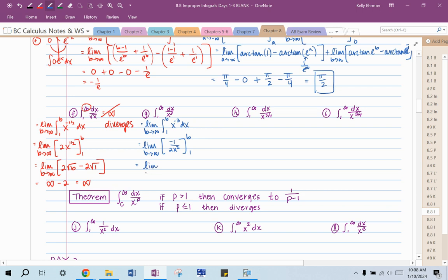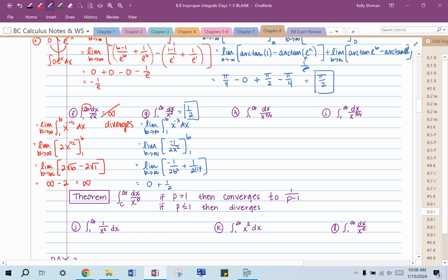Fundamental theorem means plug in your b and your 1. So negative 1 over 2b squared minus negative, so plus 1 over 2 times 1 squared. Now in this case, negative 1 over infinity is 0 plus 1/2. So this integral does converge, and it converges to 1/2.